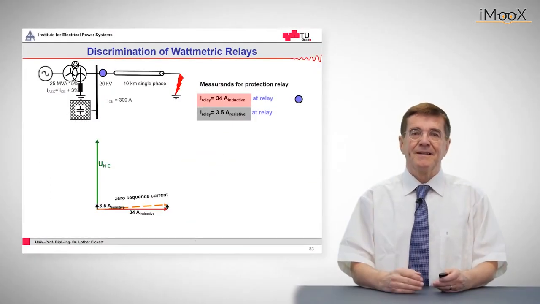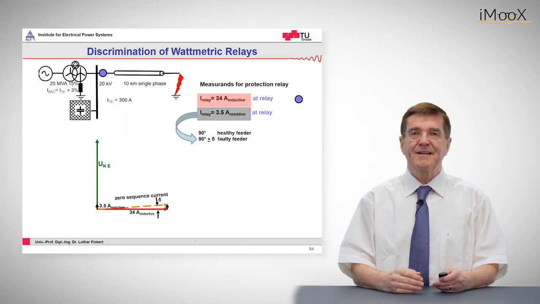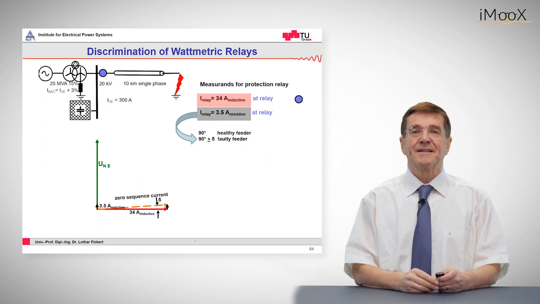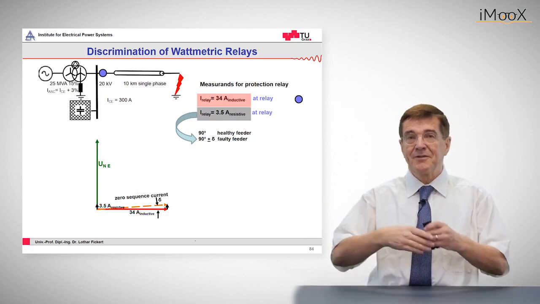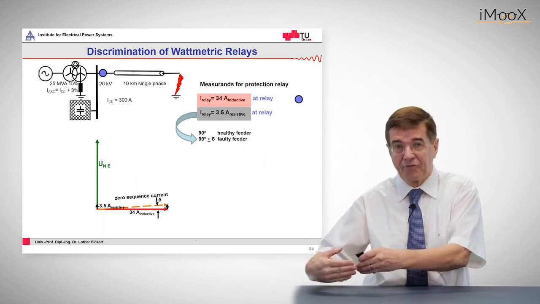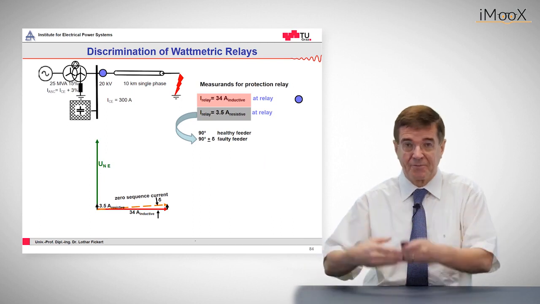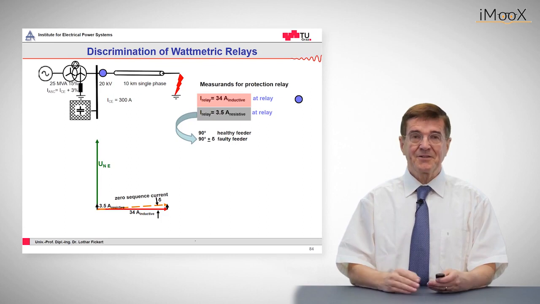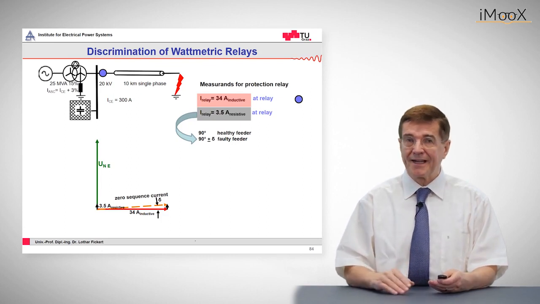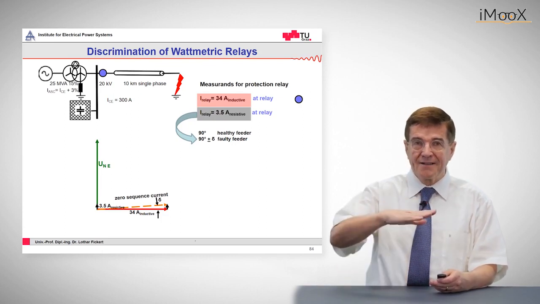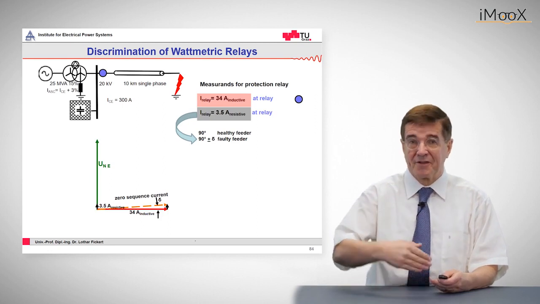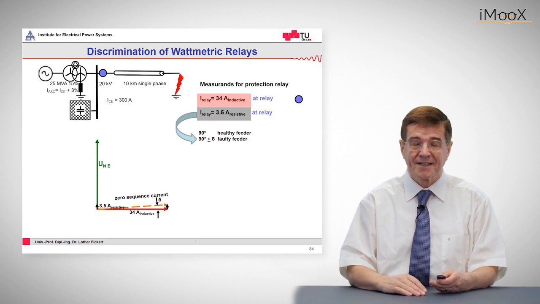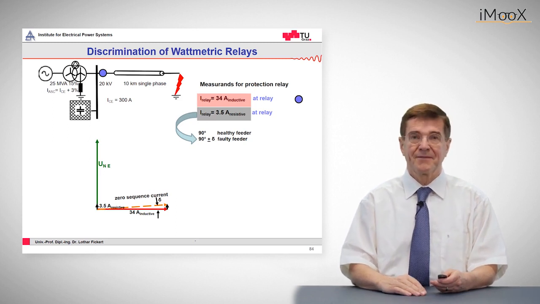So now, this critical angle, which I designate here as delta, is the critical one that divides the relays that look into a faulty cable, where we transport this resistive current, and the healthy cables where you only have reactive currents. So it is the angle which is very small that tells: if it is not 90 degrees, it's faulty. If it is exactly 90 degrees, it's a healthy line.